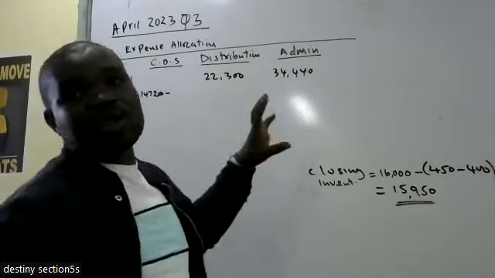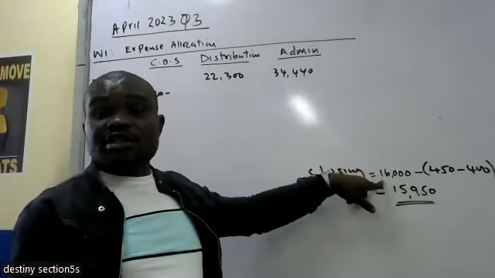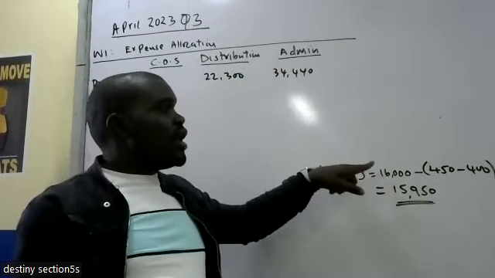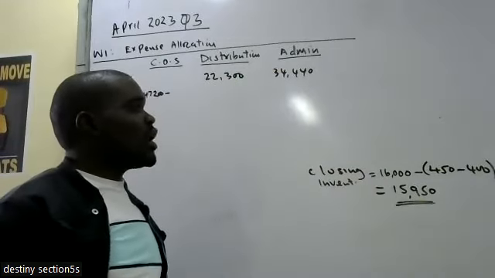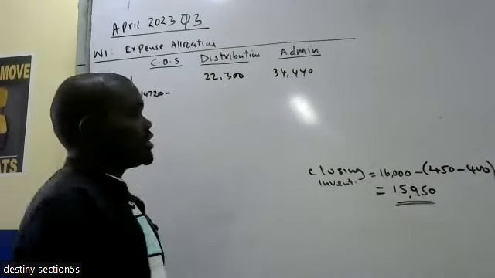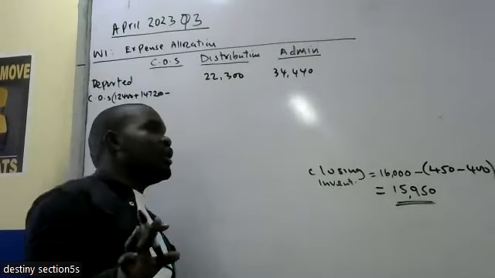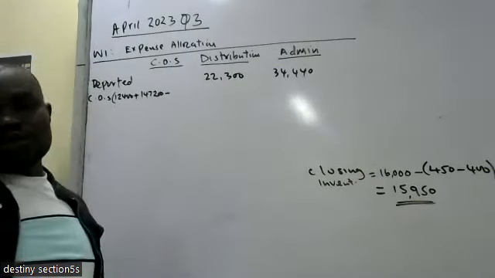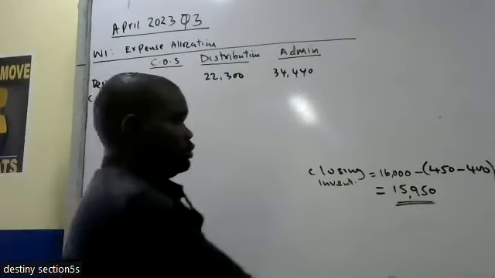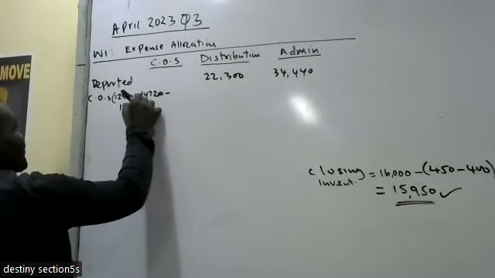Because of the 16,000, the interpretation is that stock is recorded at cost. So inside 16,000, there is stock with a cost of 450, which if sold gives 400. So the closing stock should be 15,950.